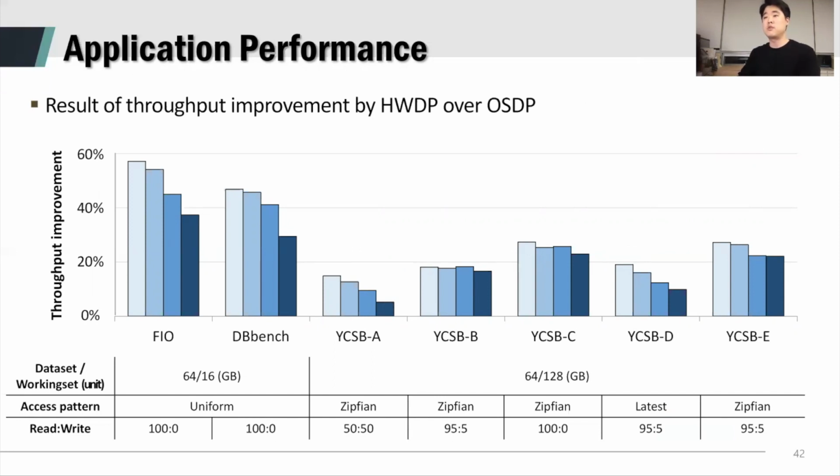YCSB-C, which is a read-only workload, showed the biggest throughput gain, by up to 27%. The performance gains are reduced in other workloads since they are a mix of read-write or read-update. Because the latency reduction by our scheme is static, a longer read latency shows less performance gain.